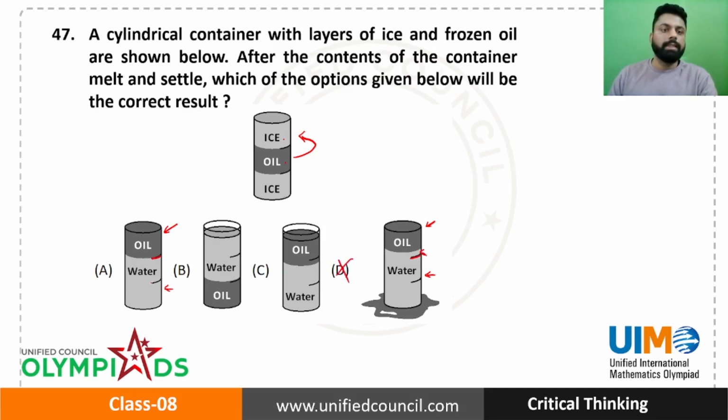In this case, this is exactly at the markings that we have, so this can be the correct one. But see, when you melt the ice, the volume of the water is going to lower down. So this water is going to be at about this height. C option is the correct answer. Mostly students make this mistake. Ice and water is going to have a change in the volume. So C option is the correct answer.